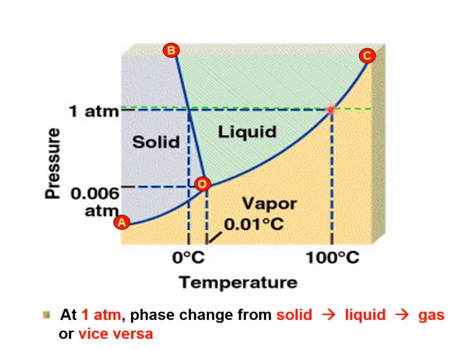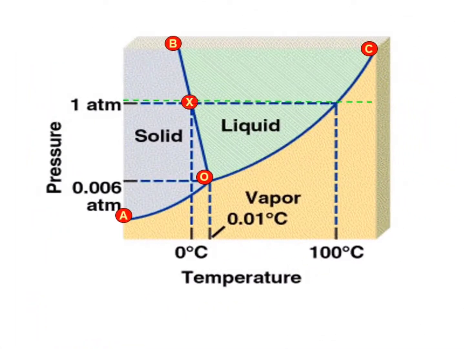This line, OC line, dia akan jumpa liquid and gas at equilibrium, and finally H2O will change to vapor or gas. Okay, so sama ada dia start daripada gas kepada solid ataupun solid kepada gas. So ini yang boleh berlaku pada pressure 1 atm, pada pressure yang tetap tetapi higher temperature. Okay, so solid, liquid, gas. Kalau lower temperature, dia akan berubah dari gas kepada solid.